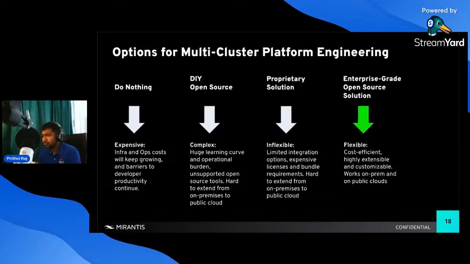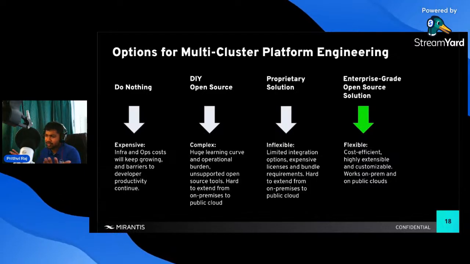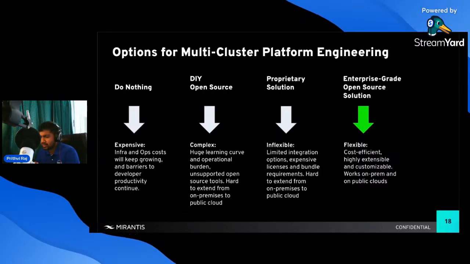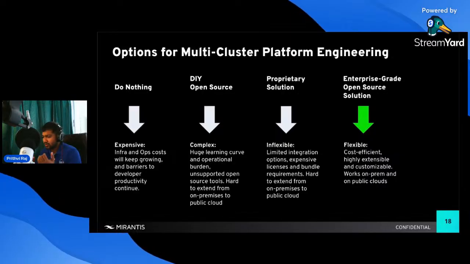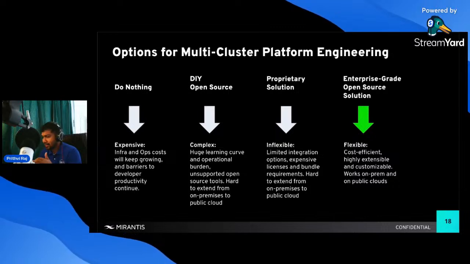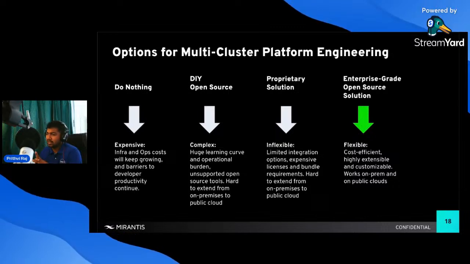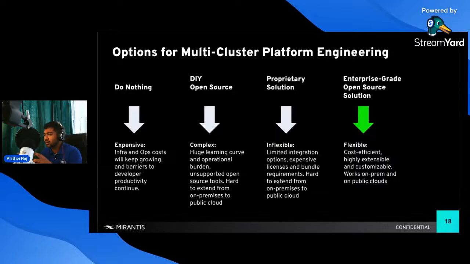So, using a lot of solutions. Then there are proprietary solutions in place, your vendors, Rancher, and other solutions, which can basically be a licensed model, limited in nature, inflexible, hard to extend to different cloud solutions. And then focus on, say, an open source driven solution.